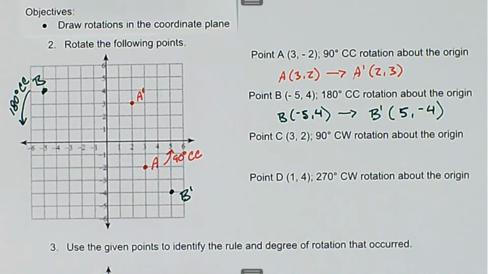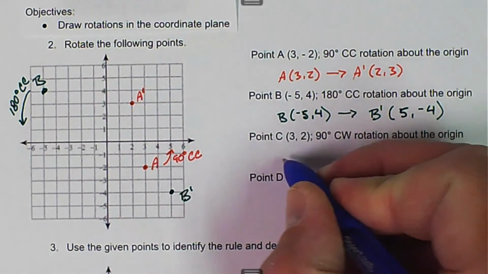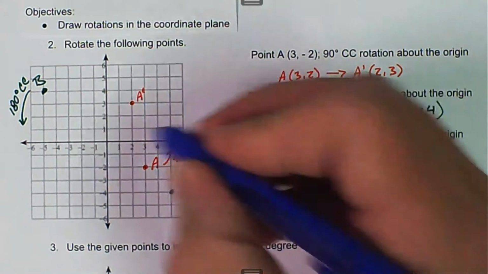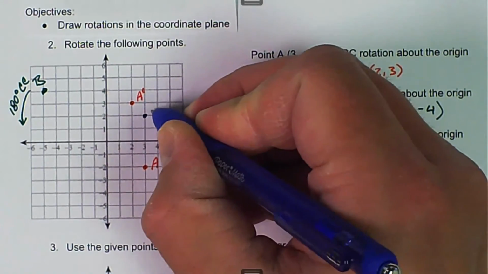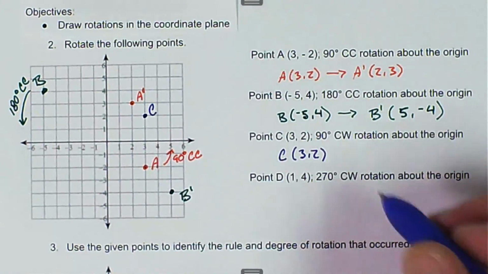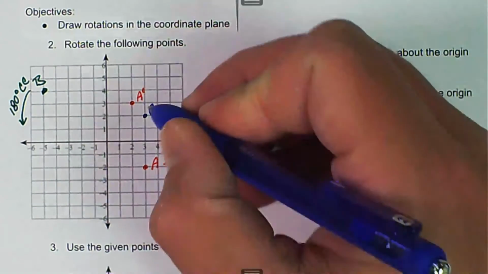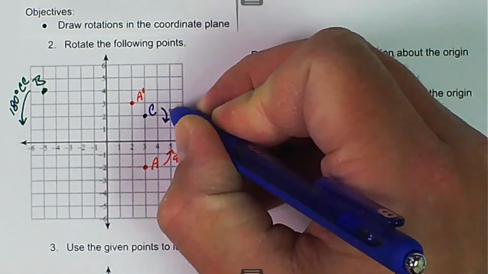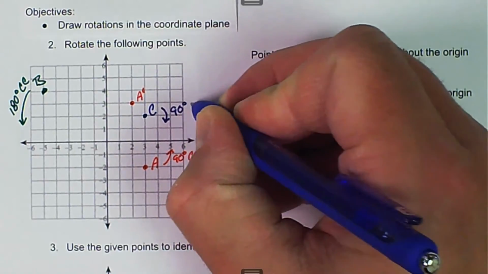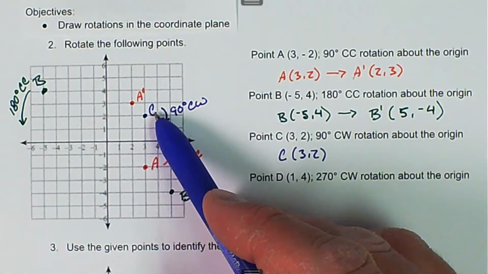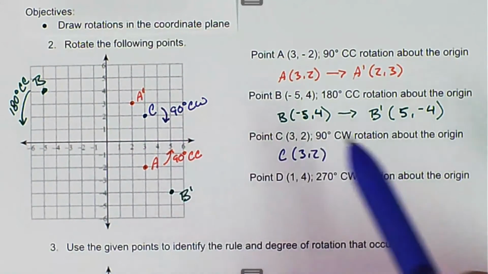The next one we have is C, and C is going to be (3, 2) to start with. So over 3, up 2, and that's going to be C. And it wants 90 degrees clockwise. So 90 degrees clockwise, that's going to be this way. That's going to move it from the first quadrant to the fourth quadrant.